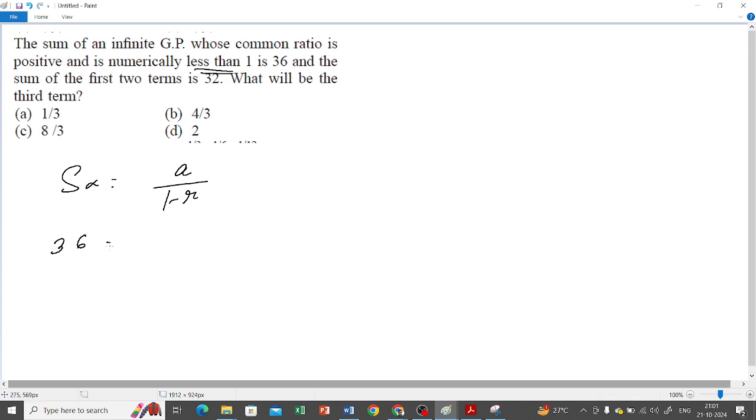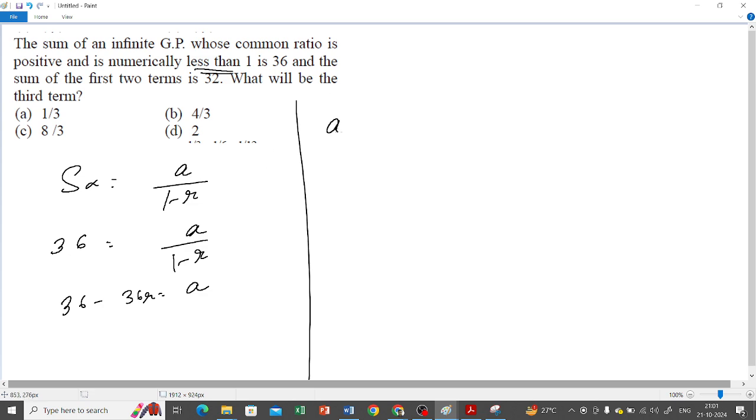36. And that is equal to A divided by 1 minus r. So that is 36 minus 36 r is equal to A. And the sum of the first two terms, that is A plus AR, is 32.